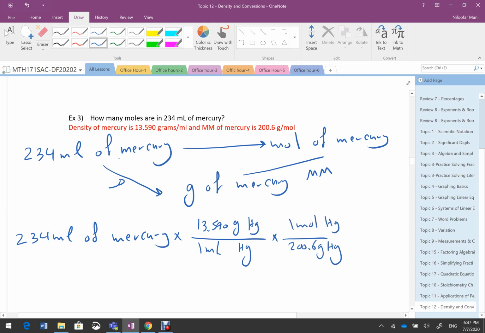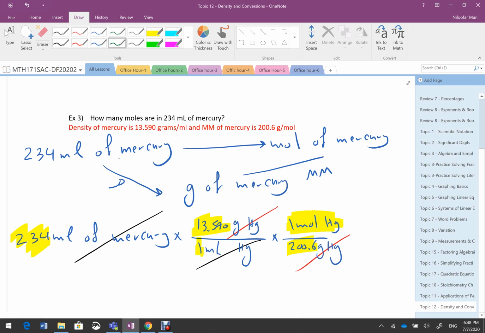Okay, so now I can cancel milliliter of mercury with milliliter of mercury. I can cancel gram and gram, and then mole is left. So 1 mole, this number, this number, this number, and this number.